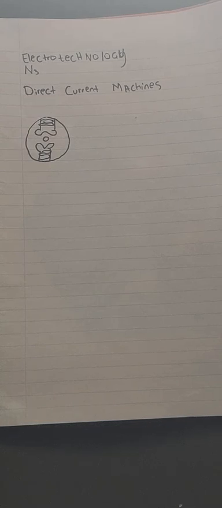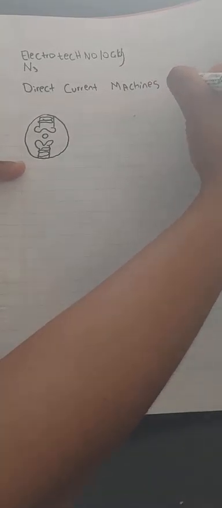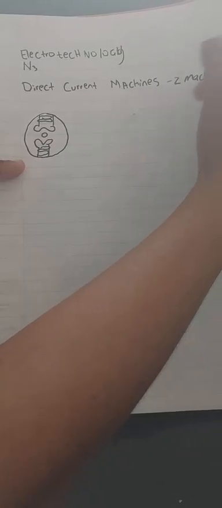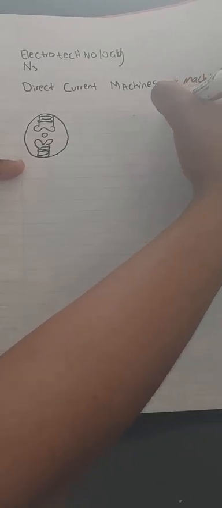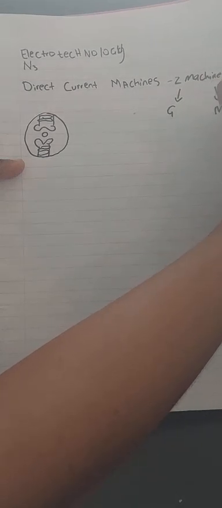Direct current machines include only two machines, which are a generator and a motor.